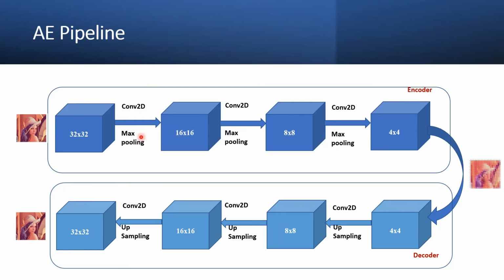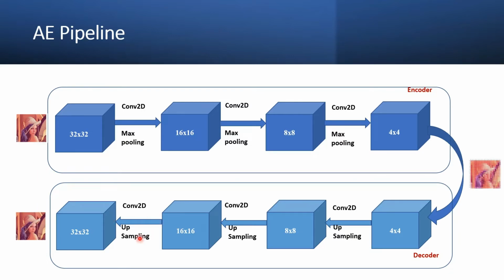So in this video we are implementing autoencoder for CIFAR-10. So CIFAR-10 is a data set where every image is of size 32 by 32, and we reduce 32 by 32 to 4 by 4, and we store it as a compressed image, and then we use decoder to reproduce the original image.